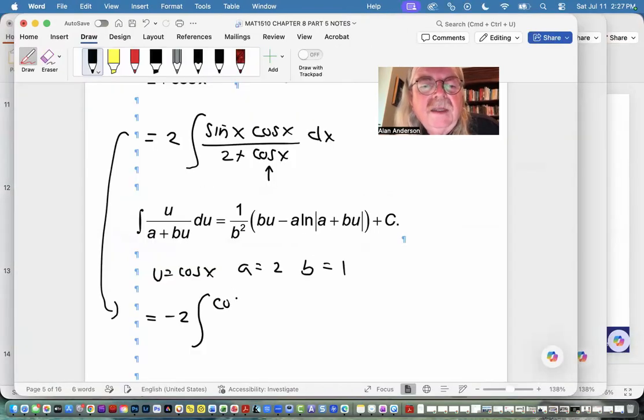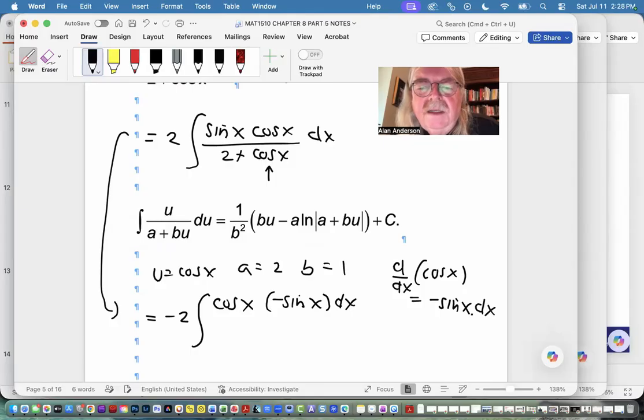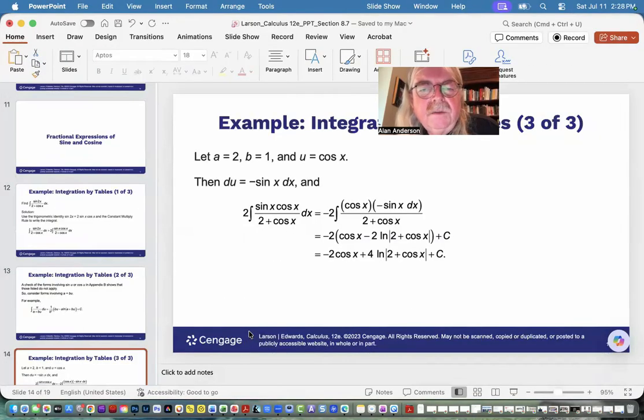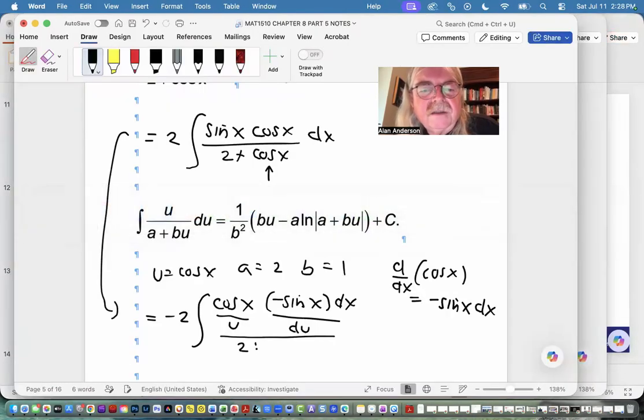You know why? We need a du because remember the derivative of the cosine is negative sine x dx. That's what this is all about. So if we let this be u, this can become our du. And then in the denominator, we have still 2 plus cosine x, which is u.